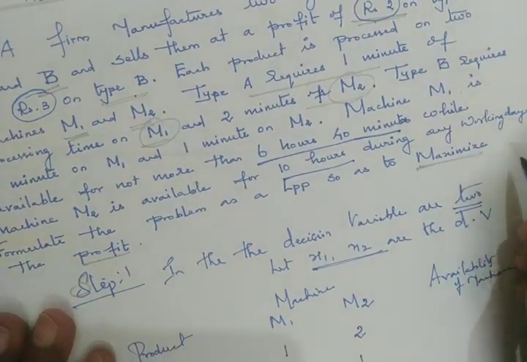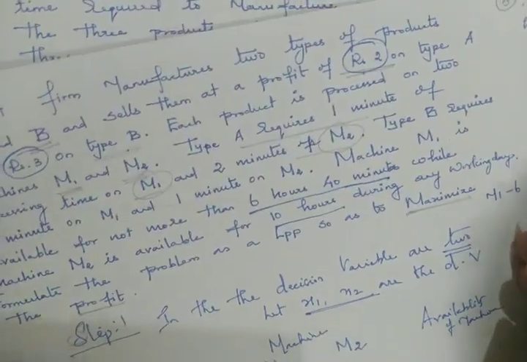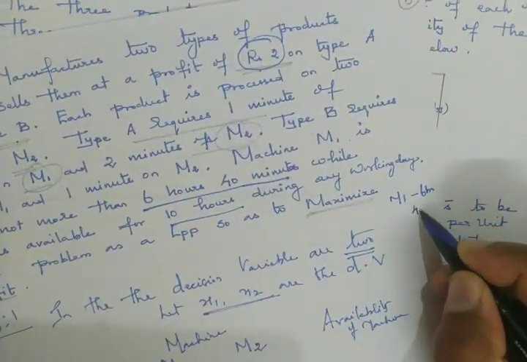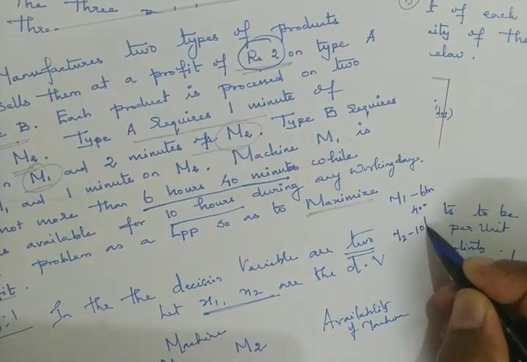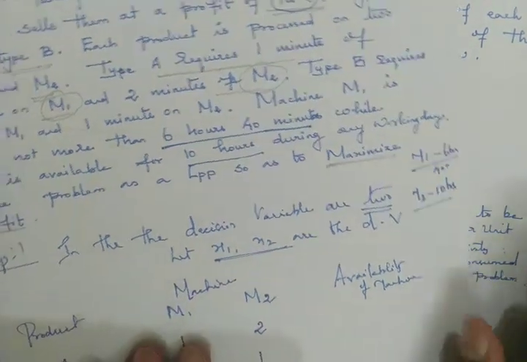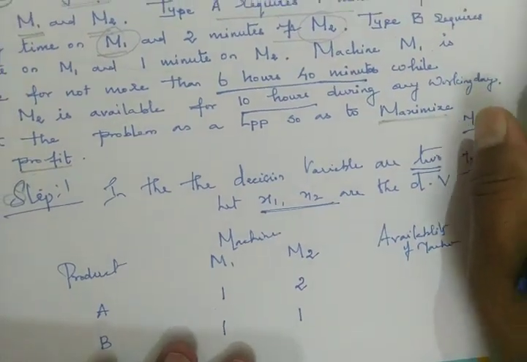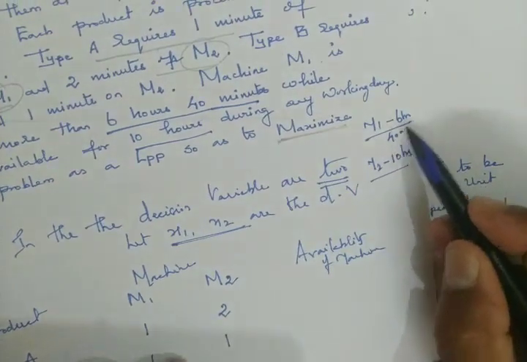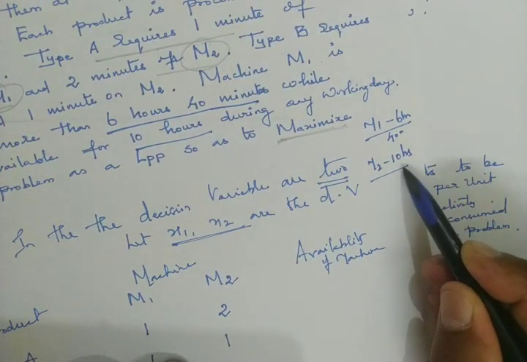Machine M1 is available for 6 hours 40 minutes. Machine M2 is available for 10 hours. To discuss any problem mathematically, the units should be the same, then only the calculation will be easy for us. Here one machine is given as 6 hours 40 minutes, and M2 is available for 10 hours.